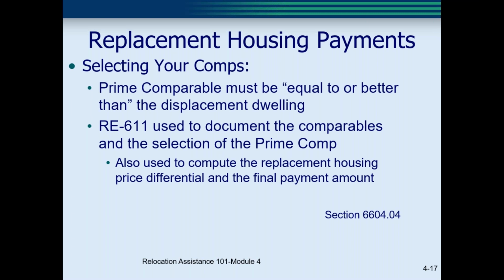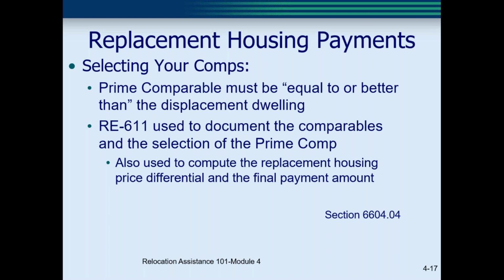So the prime comparable that you choose will be the dwelling that's most nearly representative of, and equal to or better than, the displacement dwelling. Now at ODOT, we use the RE 611 form to document the comparables and the selection of the prime comparable.